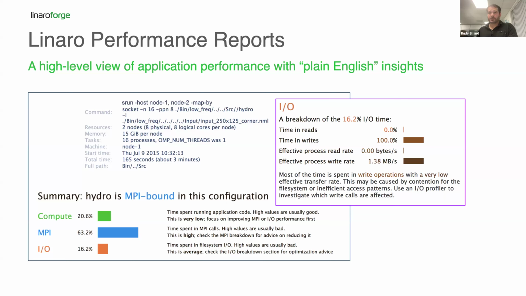And the effective process write rate is 1.38 megabytes per second, and the performance report is saying that this may be caused by contention for the file system. And you really want to find an IO profiler to have a look if this can be improved. And once you fix all the IO issues, and it might take a bit of time, then the next step will be to look at some of the MPI issues.